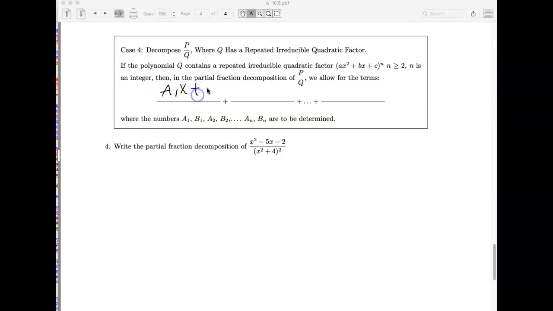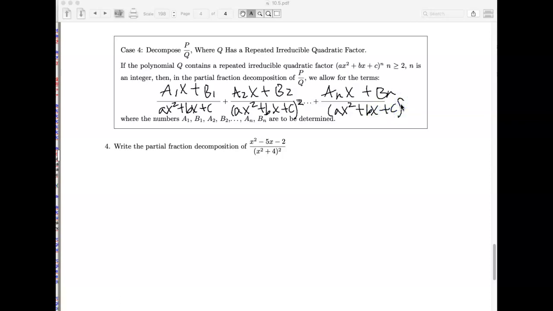a1x plus b sub 1 divided by ax squared plus bx plus c, plus a sub 2x plus b sub 2 divided by ax squared plus bx plus c squared, plus a sub n x plus b sub n all over ax squared plus bx plus c to the n.